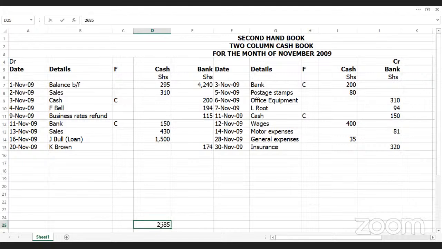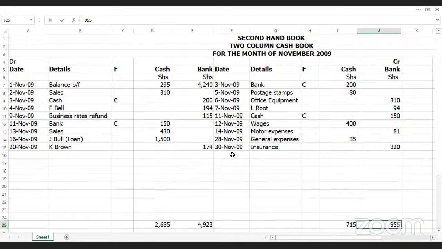Then bank, 4,923. Then on this side, cash was 715. Then bank, 955.